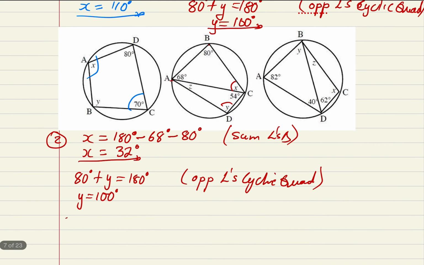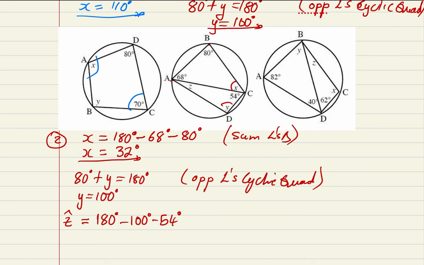So we are going to say z equals 180 degrees minus 100 degrees minus 54 degrees. Why do we say so? Remember we said we do nothing without a reason.